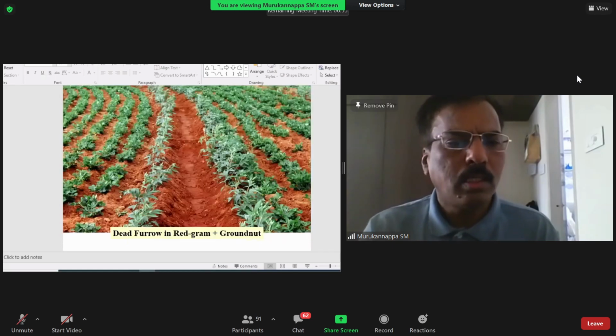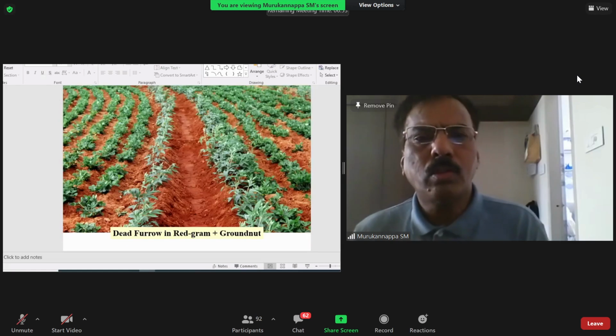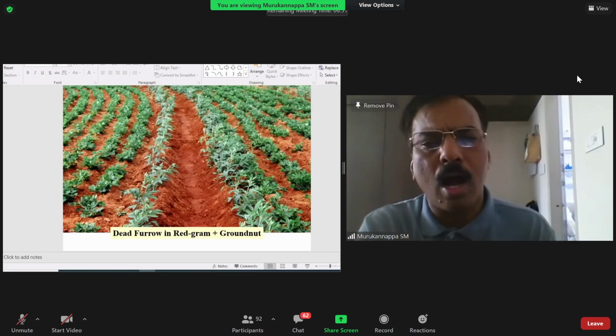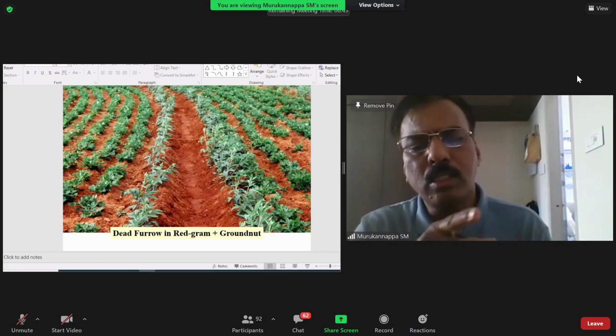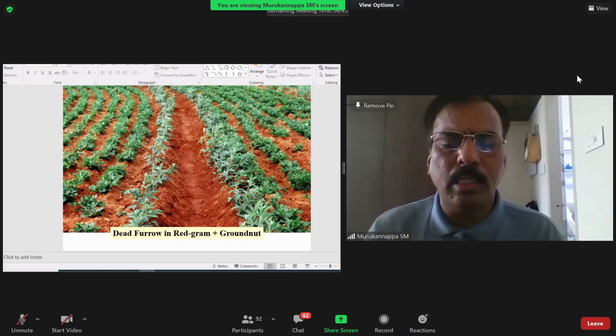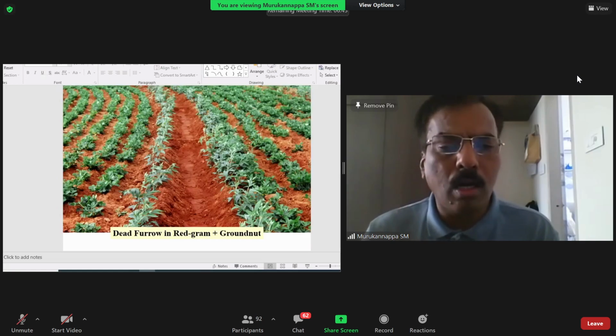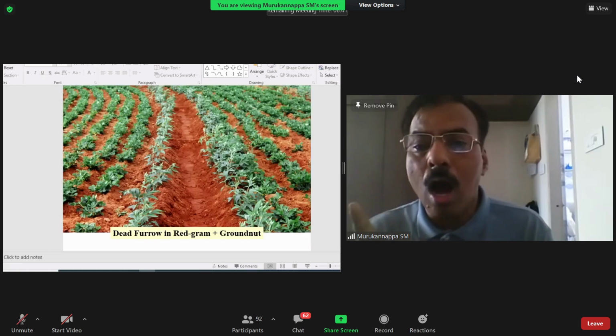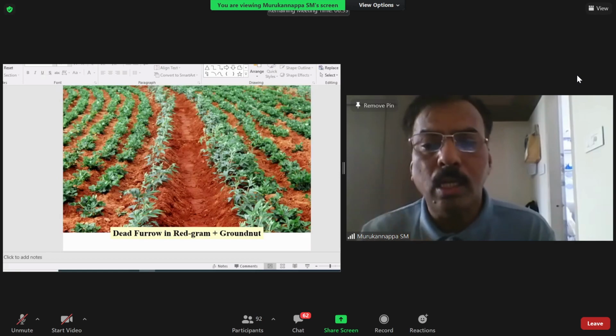See, another one is the same thing. They have grown the crop across the slope, that means on the contour. There is another conservational measure called the dead furrow, or conservational furrow. Remember this: dead furrow or conservational furrow.